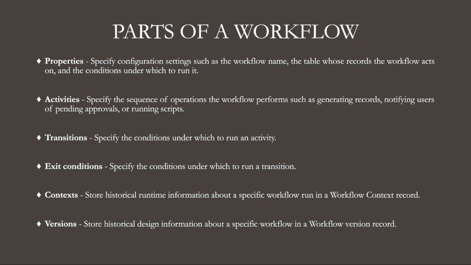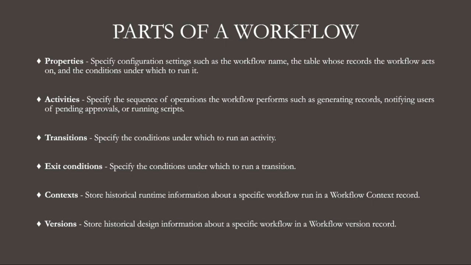Okay, so let's move further. Parts of a workflow. A workflow generally contains properties, activities, transitions, exit condition, context, and versions. In properties, we can define configuration settings such as workflow name, the table whose records the workflow acts on, and the condition under which to run it. Activities specify the sequence of operations the workflow performs, such as generating records, notifying users of pending approvals, or running scripts.